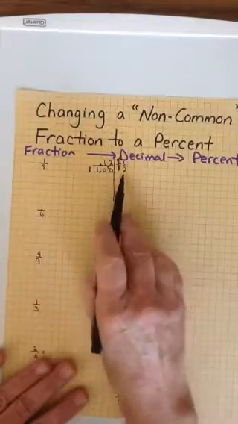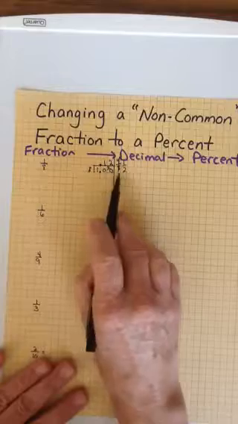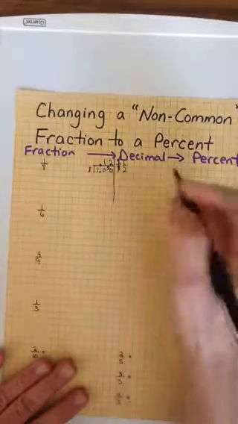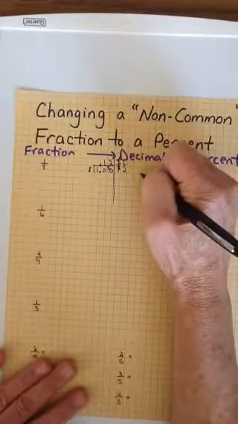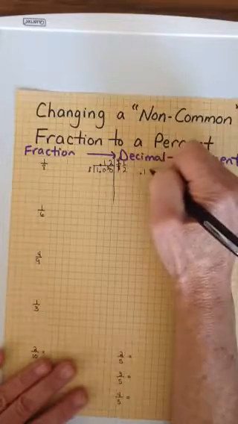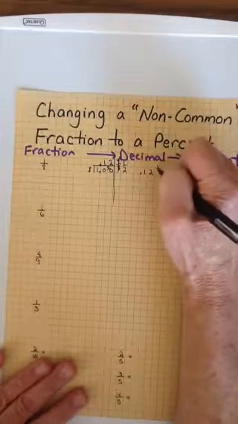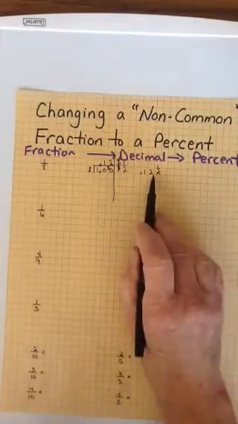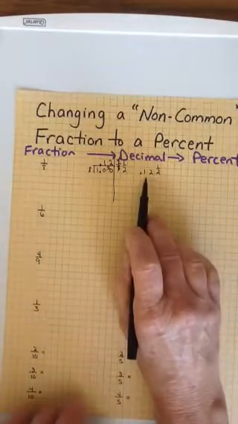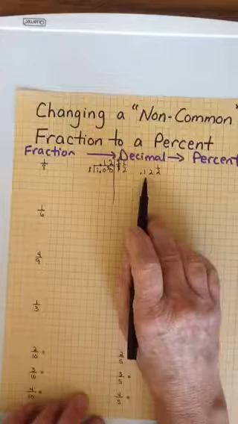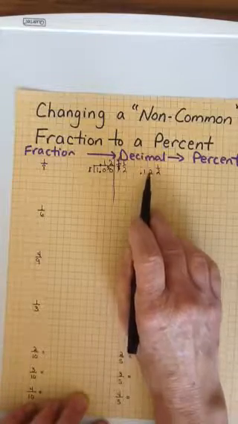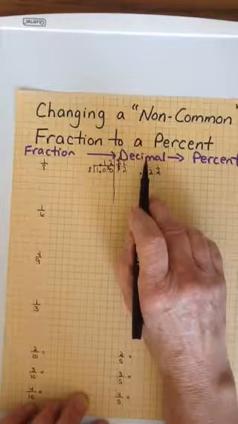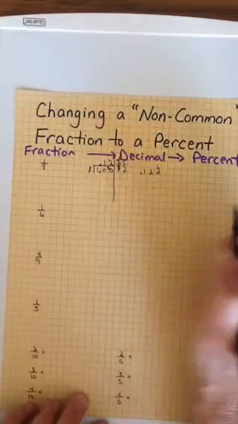Now, our answer looks kind of strange for the moment. Our decimal number is 0.12 and 1/2, and it's kind of strange to have a fraction at the end of a decimal number. But this will look really nice in just a moment, because now we're ready to move our decimal point 2 places over to the right.